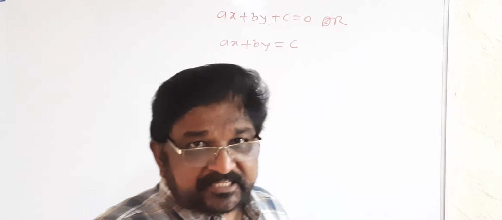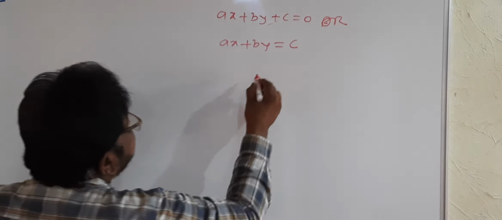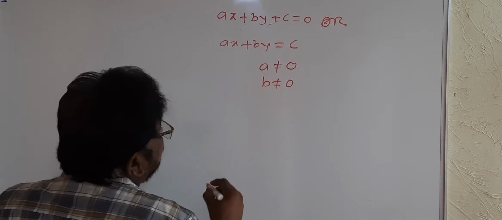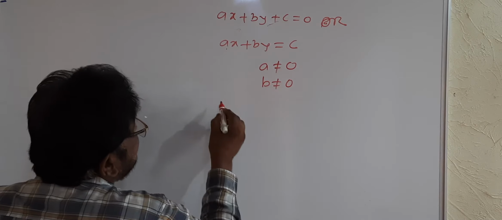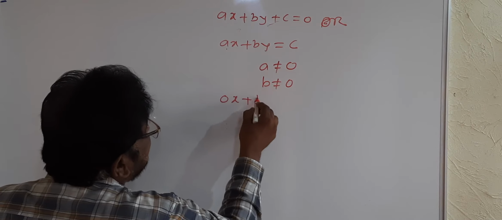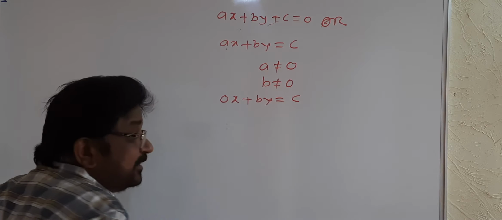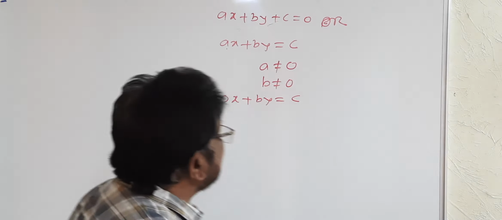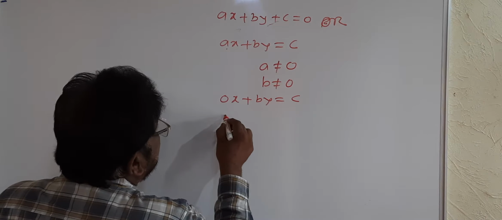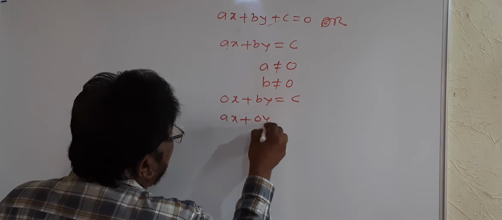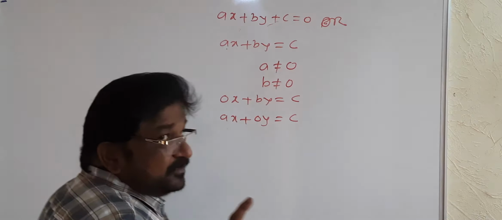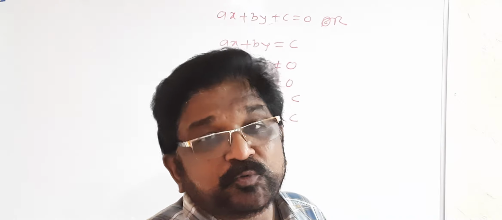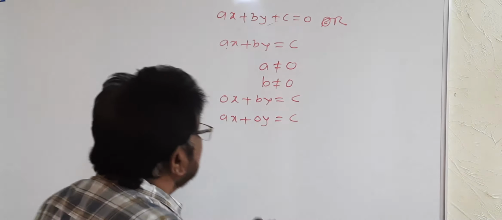The main condition is a should not be equal to 0 and b should not be equal to 0, since if a becomes 0, it will be 0x plus by is equal to c, which is not an equation with two variables. Secondly, if ax plus 0y is equal to c, this is also not an equation with two variables, since one variable is vanishing.